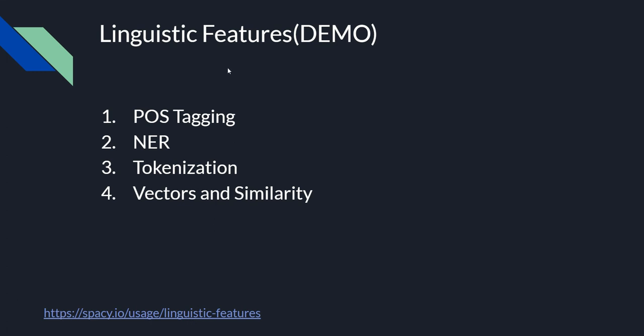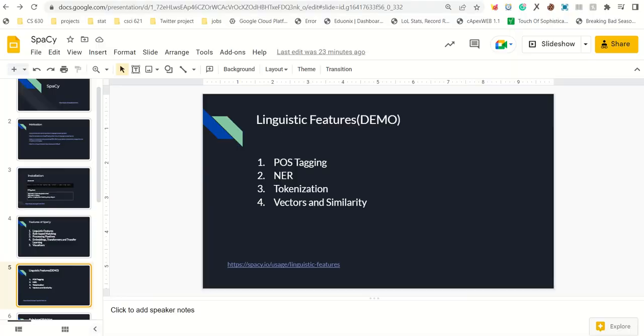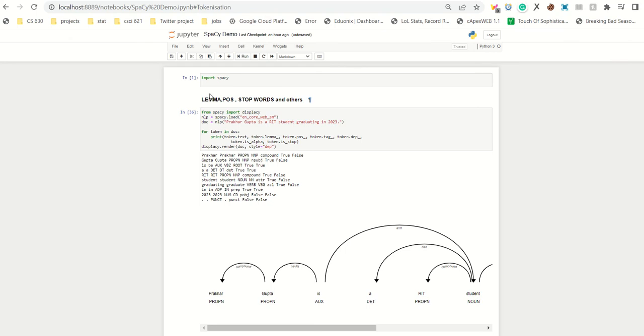So we will go through a demo where I will showcase some of the code and some of the workings of SpaCy. If you can see, we imported SpaCy, and here we are showcasing lemmatization, part of speech tagging, stop words, and other things. We are loading the small model, the English language small model.